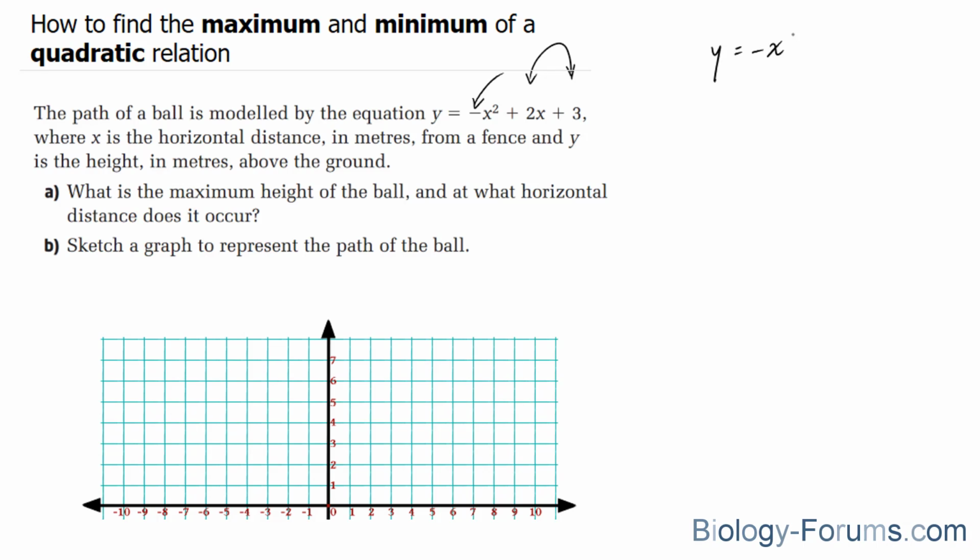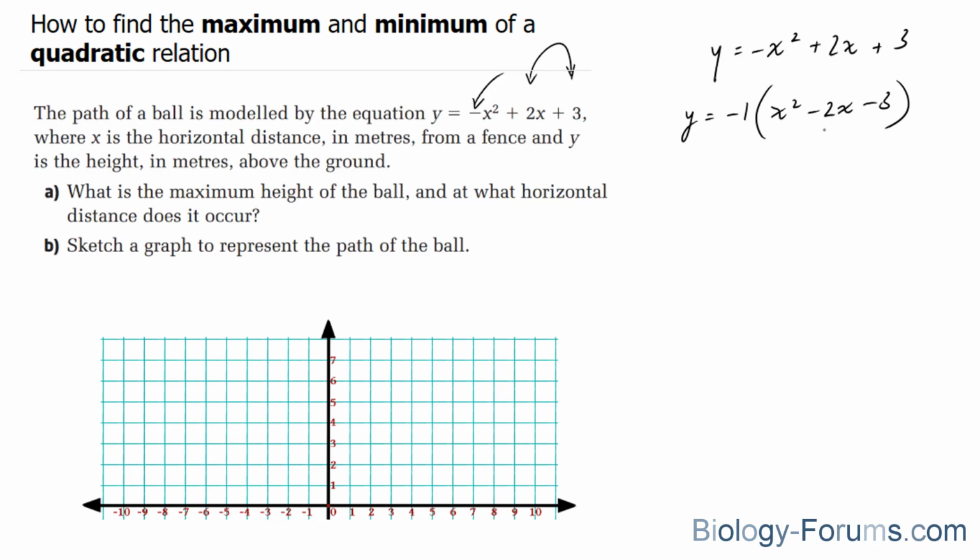So to complete the square, you will need to first factor out this -1 from the whole equation. So I'm factoring out a -1. This term becomes positive, this term becomes negative, and this term becomes negative.